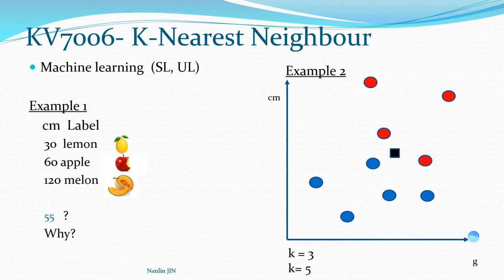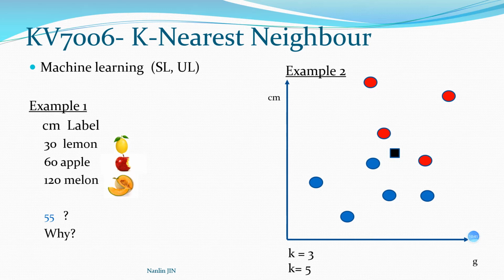Okay, I make it simple. If we only look at the distance of the square to 2 red dots and to 2 blue dots, just by visualization, it looks like it is closer to red, right? However, if we look at 3 objects, the distance between the black one and the 3 blue ones versus the 3 red ones, the average distance shows the square is closer to blue rather than red.